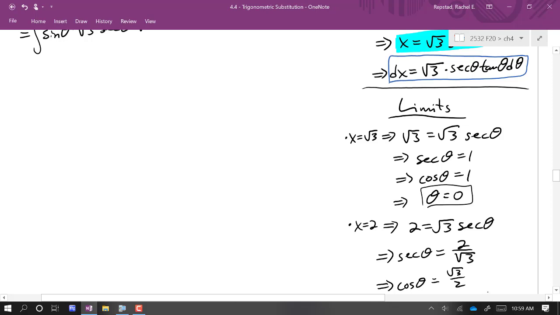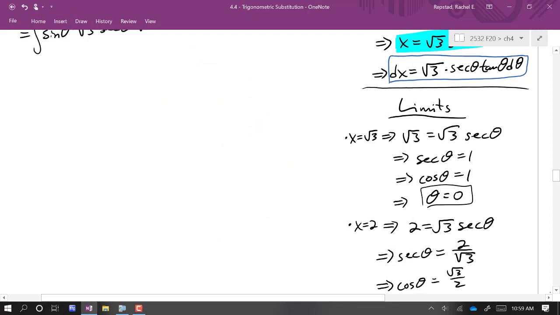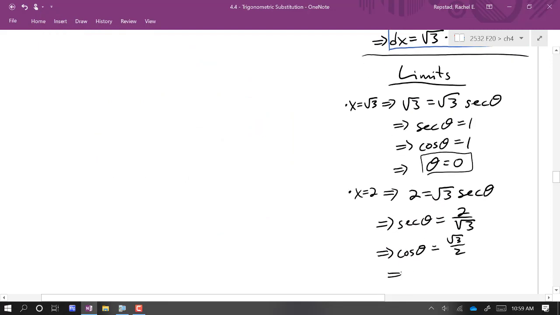Again, if we look at the unit circle, cosine is √3 over 2 at pi over 6 radians. So our new limits, our theta limits, are from 0 to pi over 6.